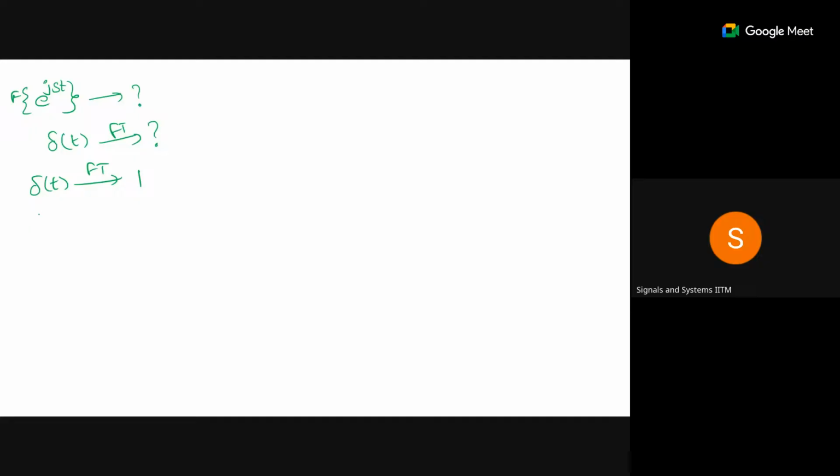According to the duality property, for 1, the Fourier transform will be 2 pi delta omega.